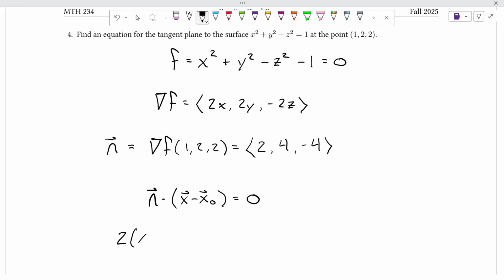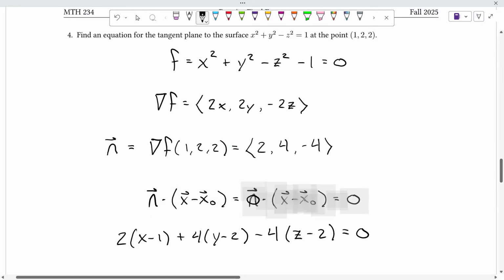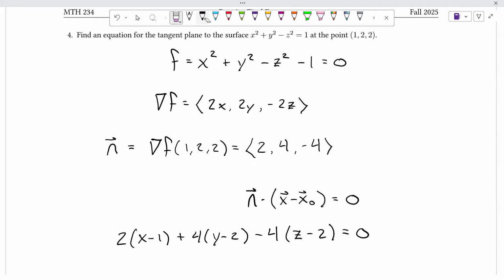So 2 times x minus 1 plus 4 times y minus 2 minus 4 times z minus 2 equals 0. It's that first equation I wrote down, n dot x hat minus x naught hat. That's just a condensed form for the plane equation.